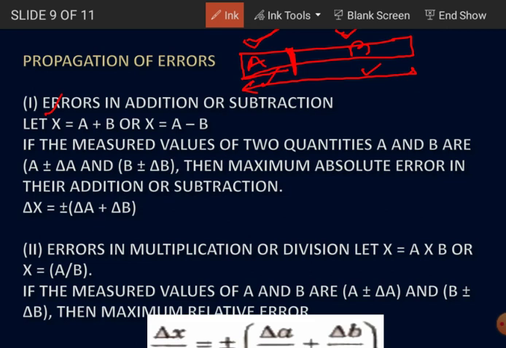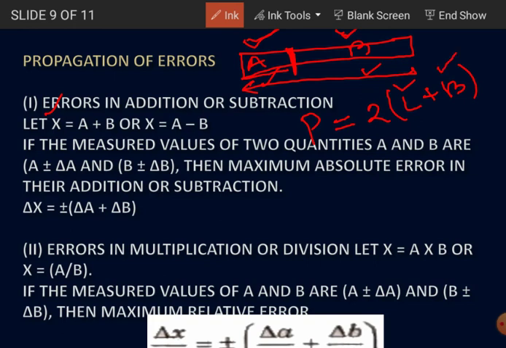For example, the perimeter of a rectangle is equal to 2 times length plus breadth. So you need to measure the length of the rectangle as well as the breadth.